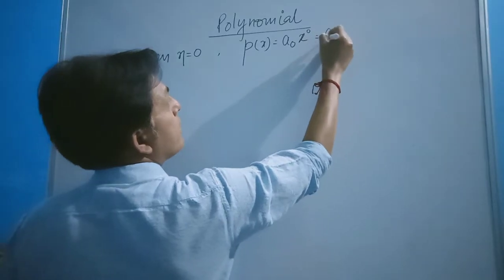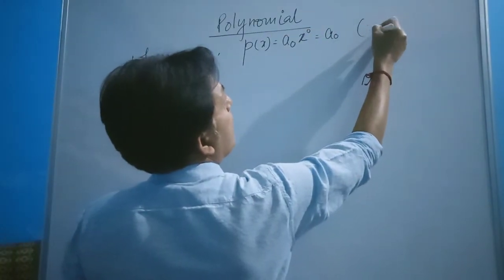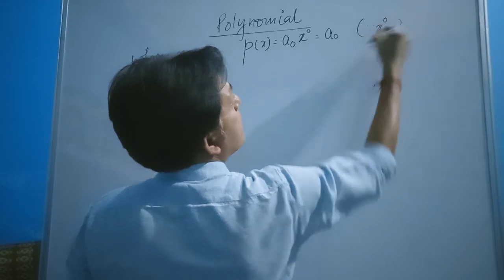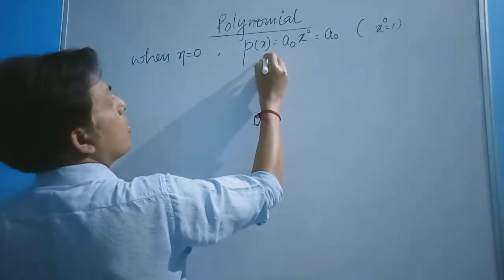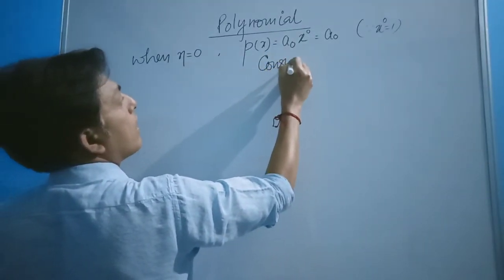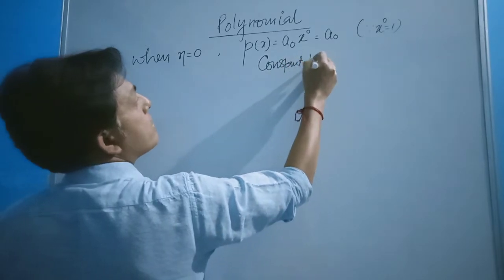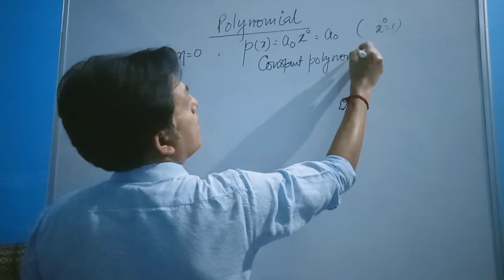So it will be A0. Reason? X to the power 0 is equal to 1. This kind of polynomial is called constant polynomial.